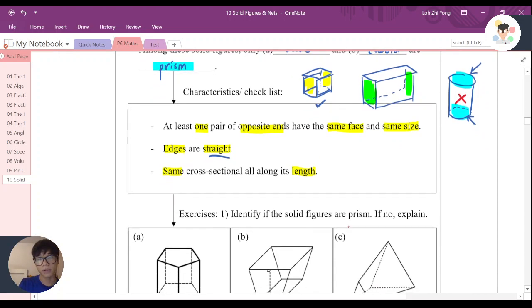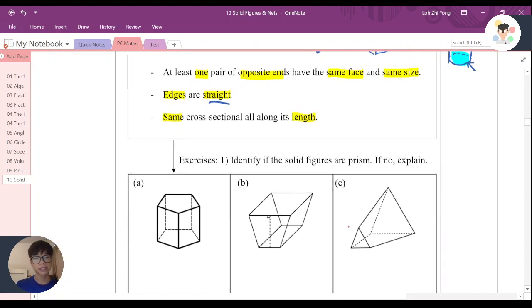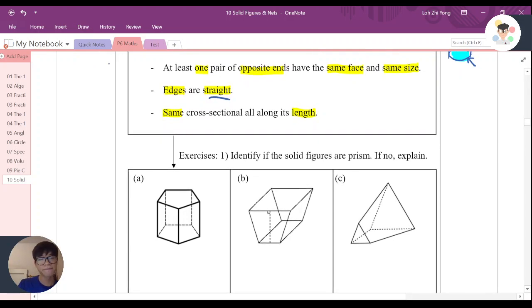Okay. Now, a quick exercise here: identify if the solid figures are prisms. If no, explain. Now the first one. Do you think the first one is actually a prism? Now let's check. At least one pair of opposite ends have the same face and same size.